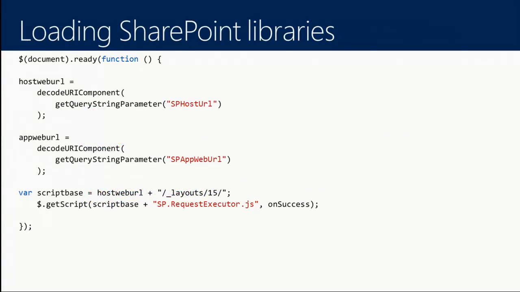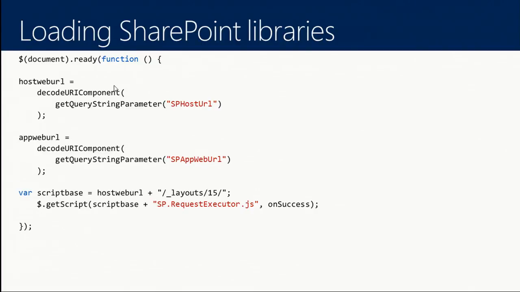And lastly is the loading of SharePoint document libraries. So this example code that you see right here is just showing you the basic steps involved in loading a SharePoint document library from the hosting SharePoint farm. So you can see we've got the document ready function, which is just the jQuery function saying, hey, everything's good to go. And then what we're doing is we're retrieving the host web URL, right?